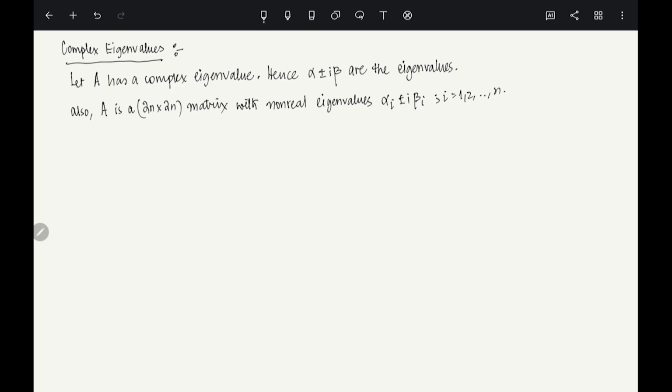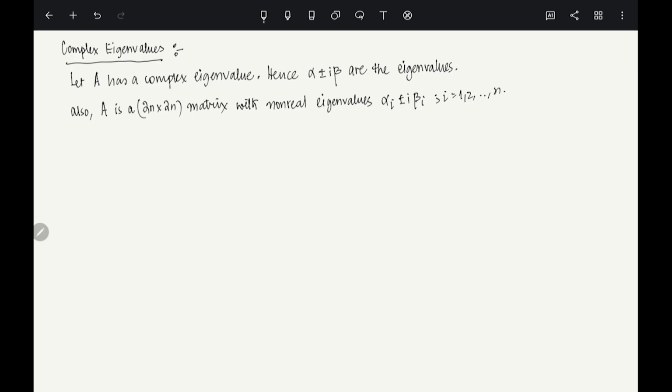Now you do realize, you may have a situation where you have a 3 cross 3 matrix, with eigenvalues alpha plus or minus i beta and then another real eigenvalue. It may happen, right? Okay, so we are not dealing with that case right now. What we are doing right now is assuming a square matrix of size 2n cross 2n, and all the eigenvalues for now are non-real, so essentially complex eigenvalues, clear?